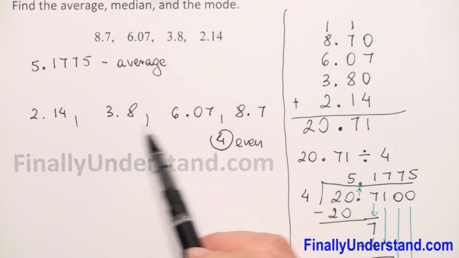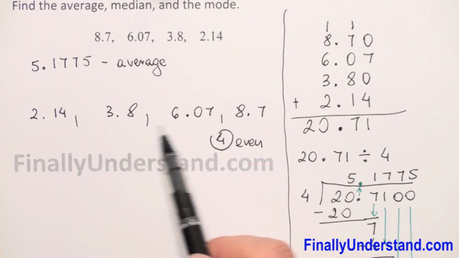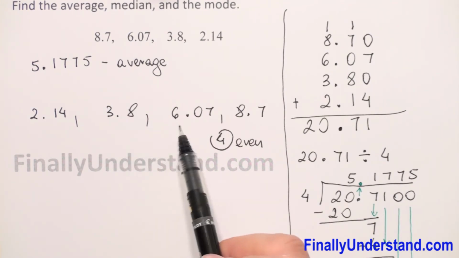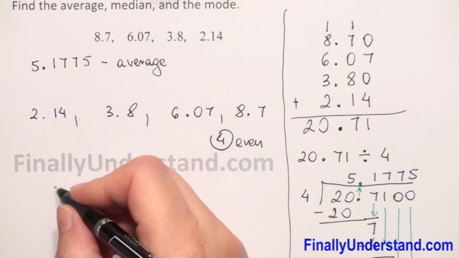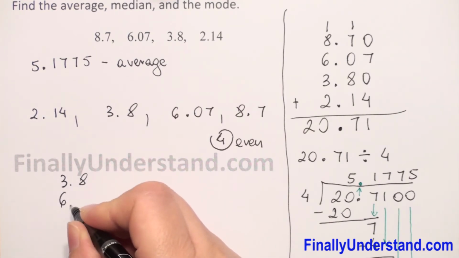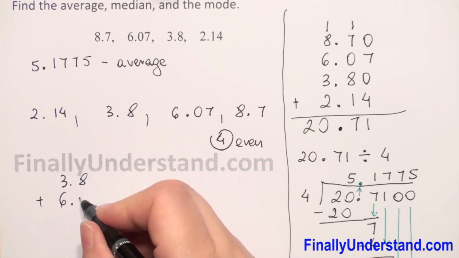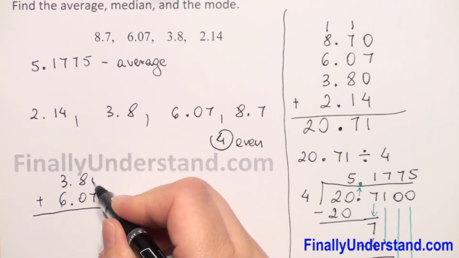How do we do this? We have to add these two numbers, and because we add only two numbers, we have to divide by 2. So we have 3.8 plus 6.07. When we don't have any digit, we can always write 0.